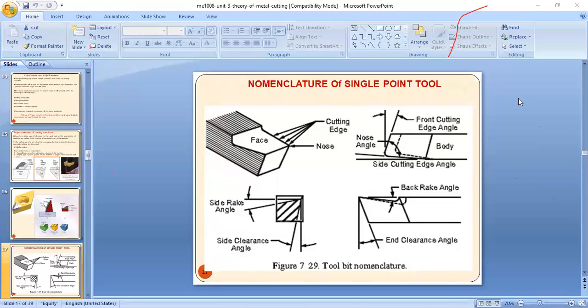Side rake angle will allow the chips to flow to the side of the tool and away from the tool post. Most of you must know what the tool post and the tool holder are, because many may not be able to distinguish between tool post and tool holder.